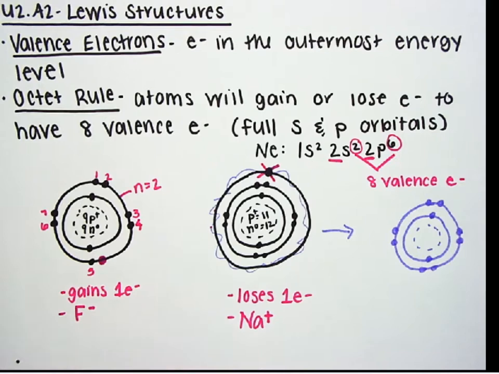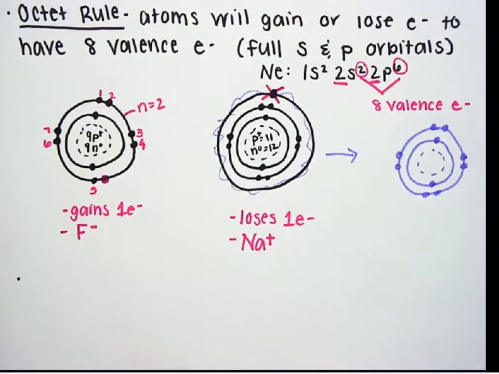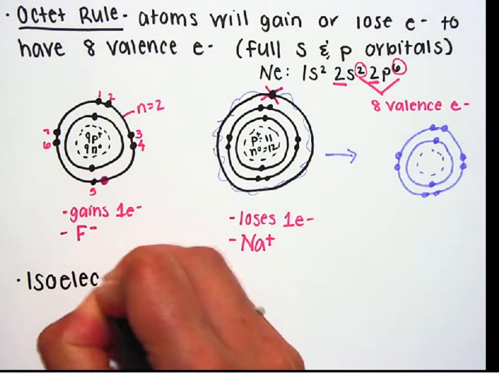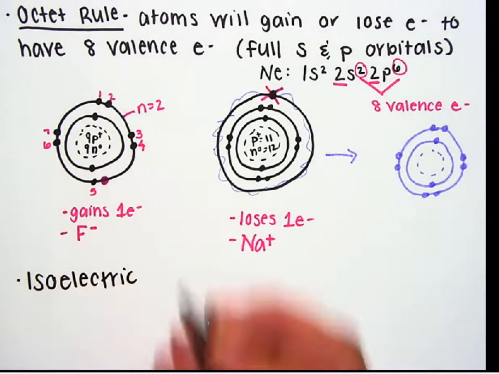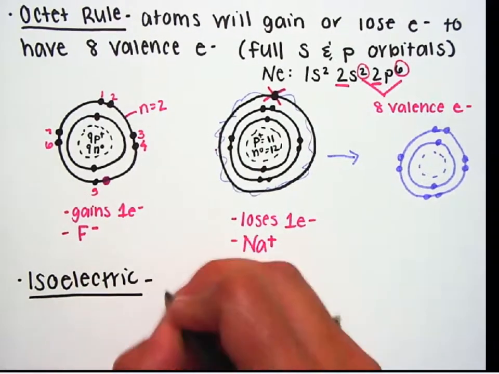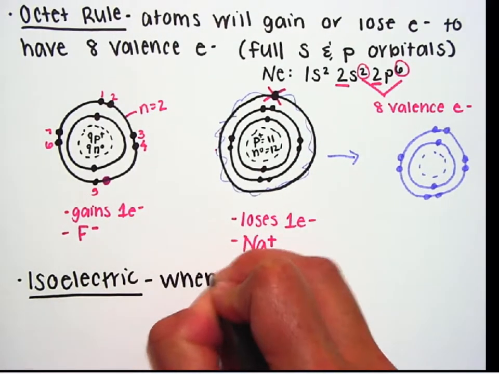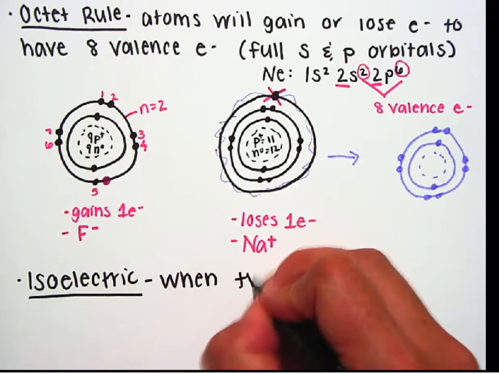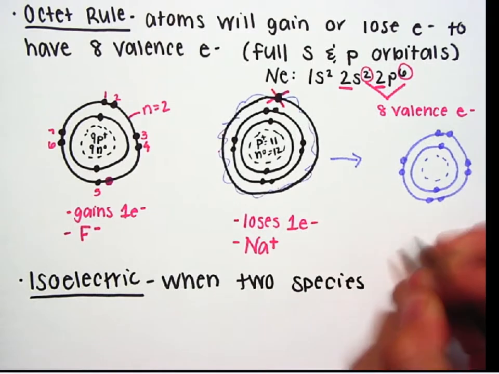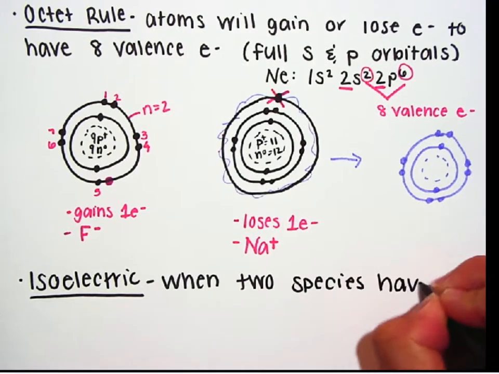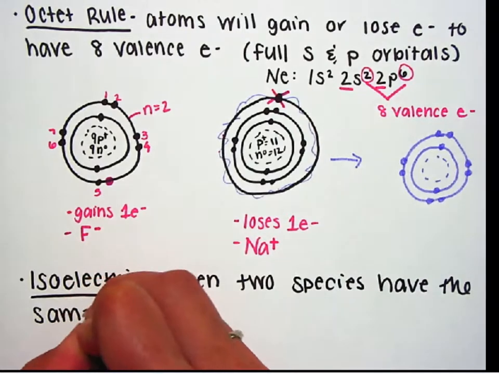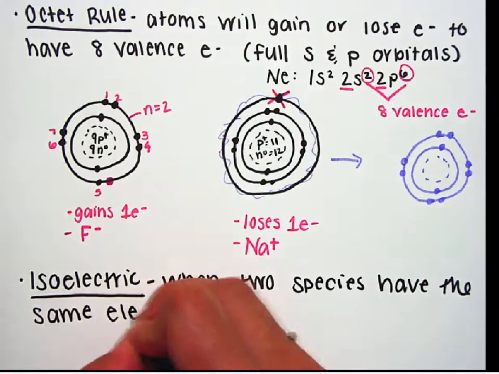Last new vocab term before we start drawing some Lewis structures is isoelectronic. Isoelectronic is when 2 species have the same electron configurations.